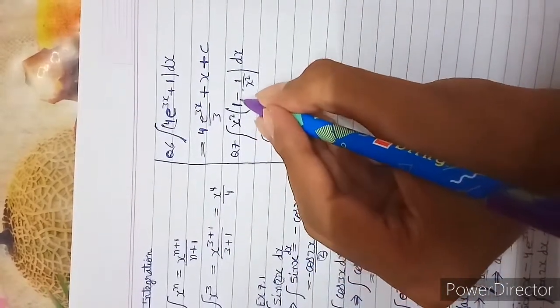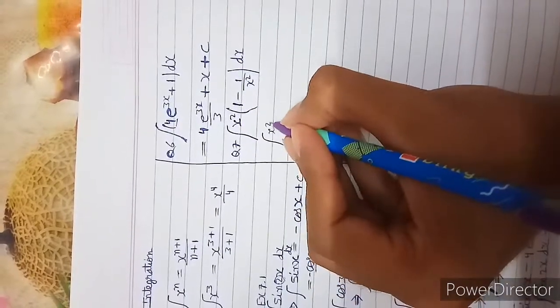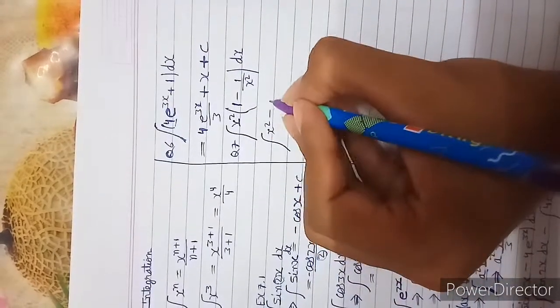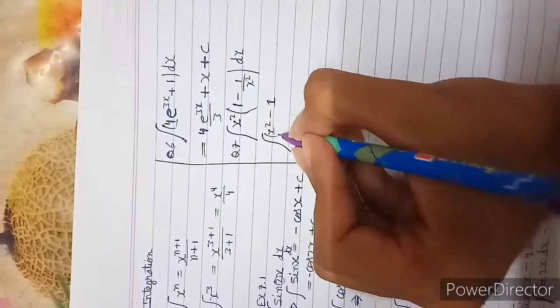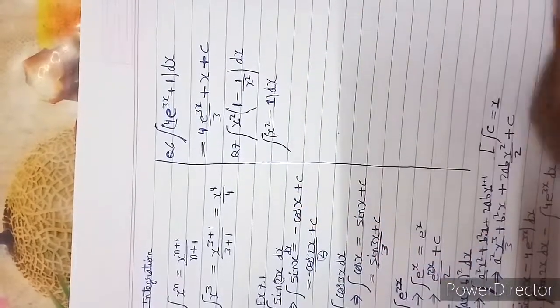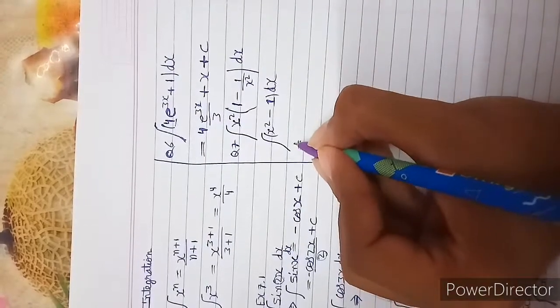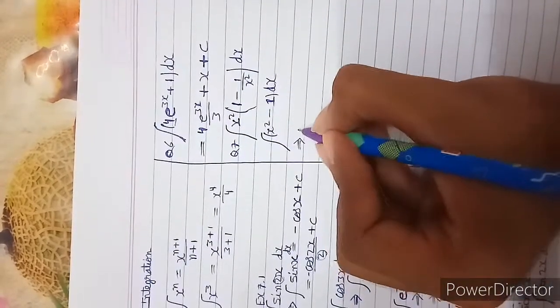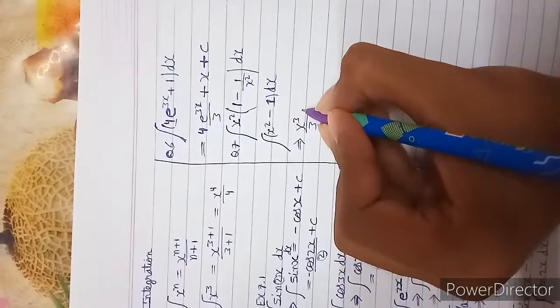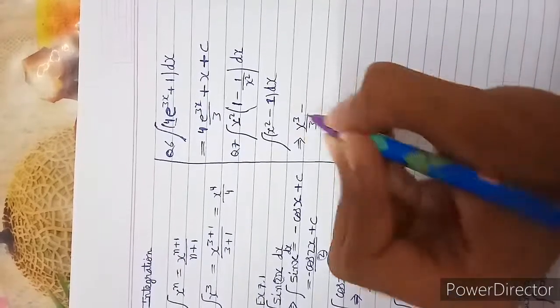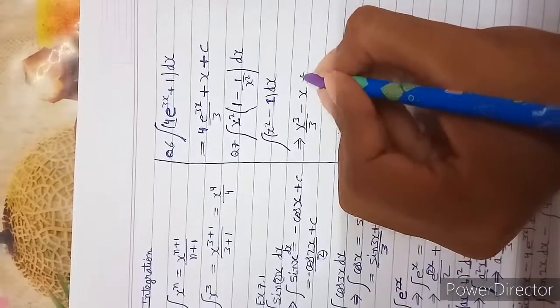Multiply this x square inside, we will get x square minus, it will be cancelled, we will get this. Now integration of this will be very easy for you. What is the integration of x square? It is x cubed by 3 minus the integration of 1, which is x, plus c.